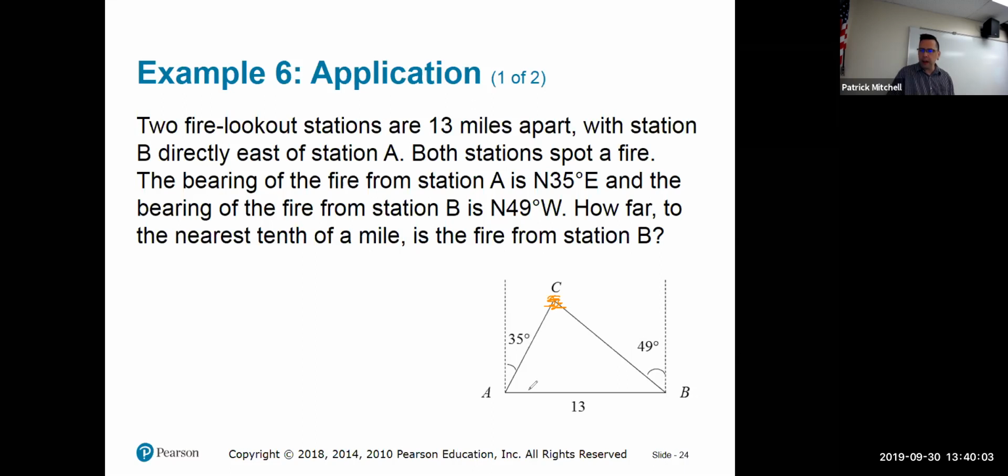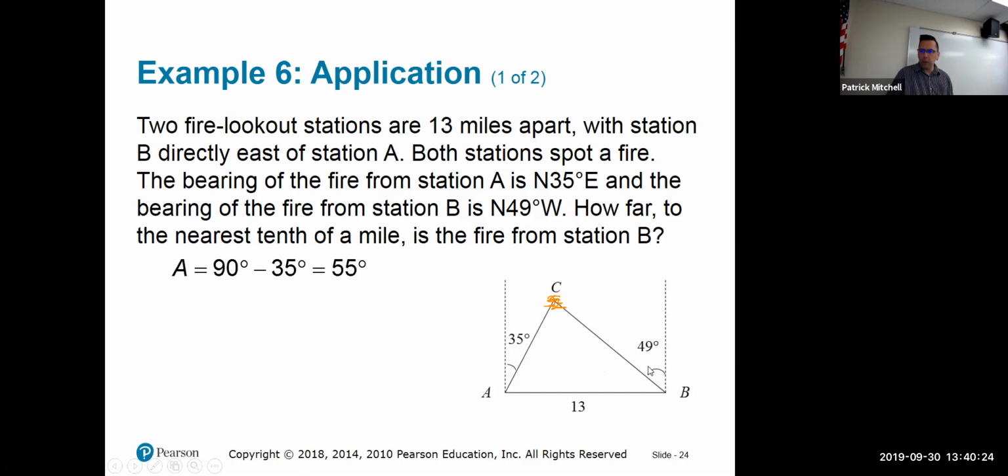This angle and the unknown angle A will add up to 90 degrees. This angle and the unknown angle B will add up to 90 degrees. Okay. So, yeah, angle A is 55 degrees because those two angles have to add up to 90.